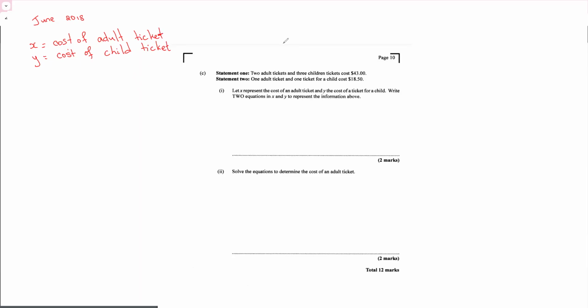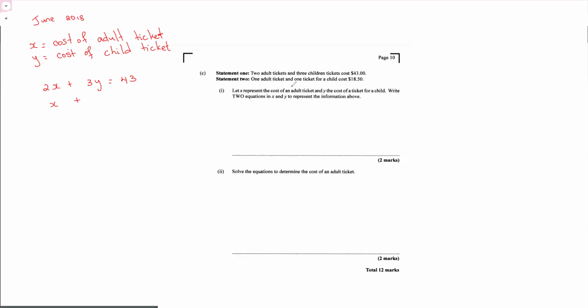Right, so they said 2 adult tickets. So if we have 2 adult tickets, the cost for those 2 will be 2 times X. And 3 children tickets, that's 3 times Y, is equal to $43. And then they said 1 adult ticket, which is X. Remember, we don't have to put a 1 because it's understood.